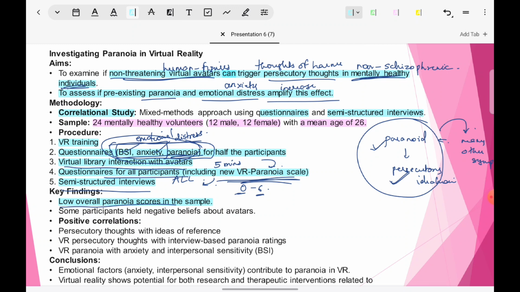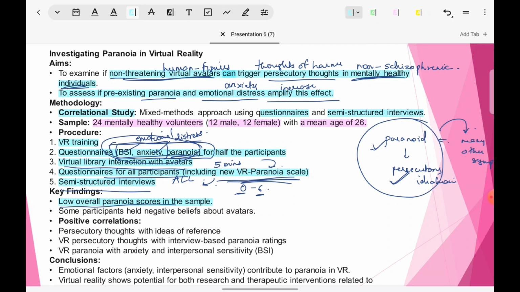So overall, people were not very doubting of the avatars' intentions. One thing we must remember: avatars cannot have intentions. They are just pre-programmed animations. So anything that the participant thinks about the avatars, suppose a participant thinks they were friendly towards me, that is the participant's own projection of their own thinking.